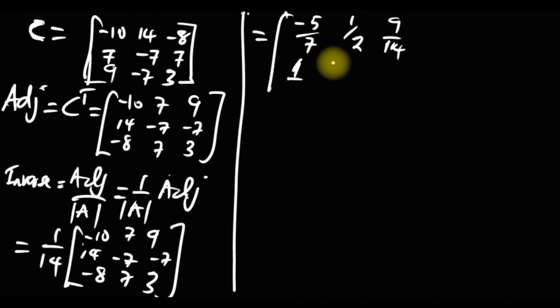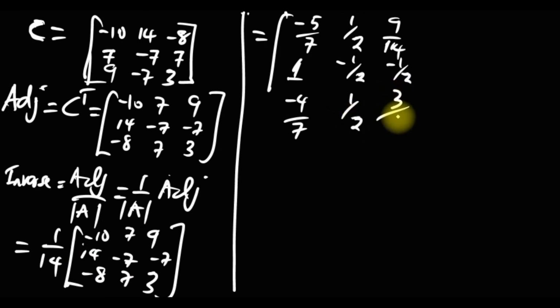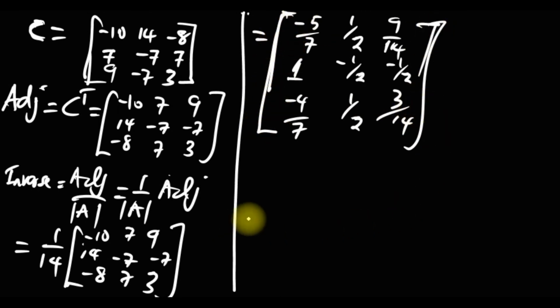This times that is minus half. This times that is minus half. In the last row, this times that is minus 4 over 7. This times that is half. This times that is 3 over 14. So this is the matrix. This is my inverse matrix.